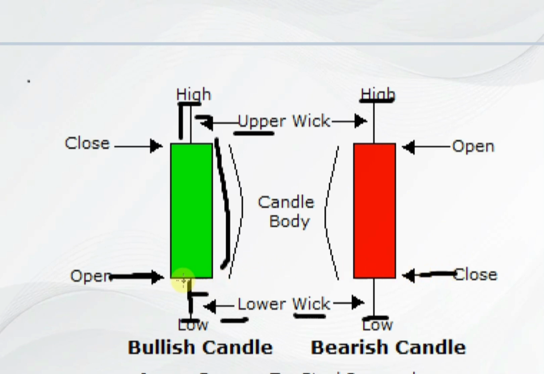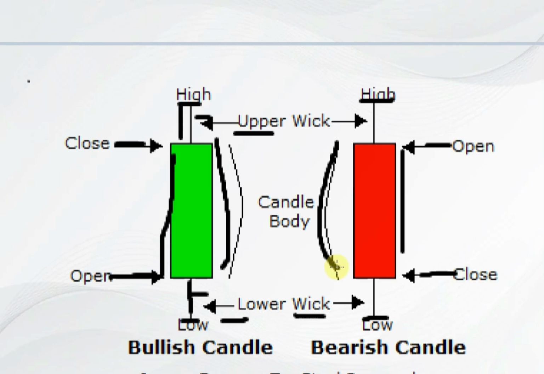For the bullish candle, the movement is up, so the closing price is always at the top. While the bearish candle is dropping to the downside, so the closing price is always at the bottom, and the open price is always at the top, and this is the body of the candle.